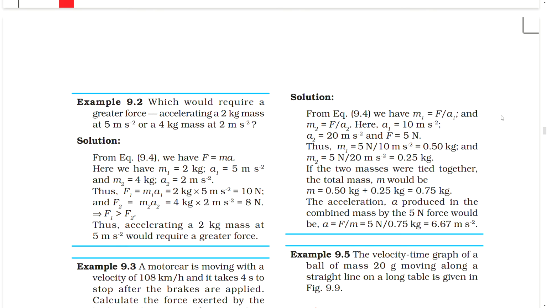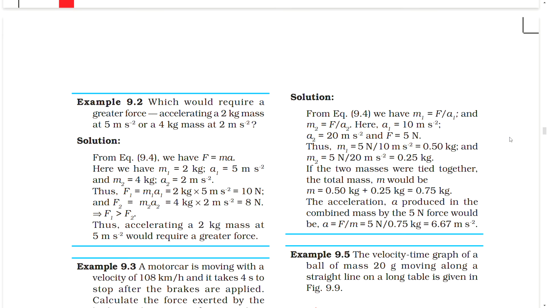Here a1 equal to 10 meter per second square, a2 equal to 20 meter per second square and F equal to 5 Newton. Thus m1 equal to 5 Newton per 10 meter per second square equal to 0.50 kg and m2 equal to 5 Newton per 20 meter per second square equal to 0.25 kg.